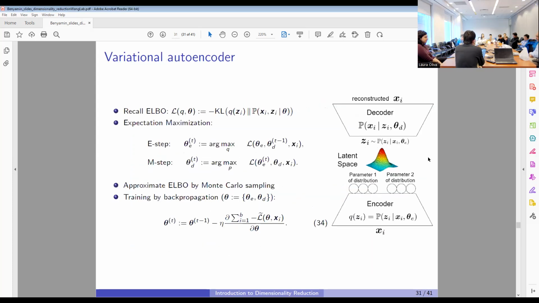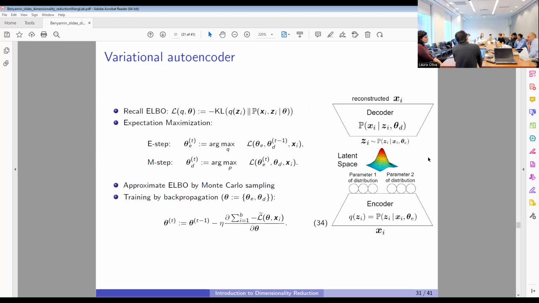So, the variational autoencoder, Maxwell et al. said that, okay, now we had variational inference, let's make it in an autoencoder format. Do you recall the ELBO that we talked about? We are maximizing that or minimizing that KL divergence. We can do it by expectation maximization, right?